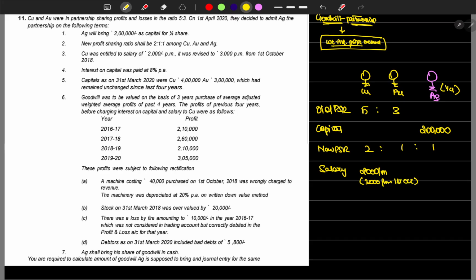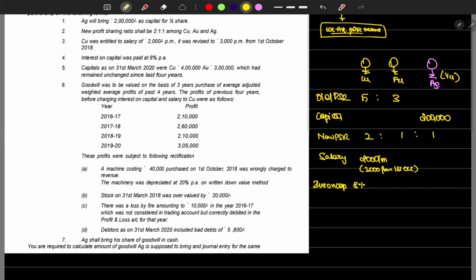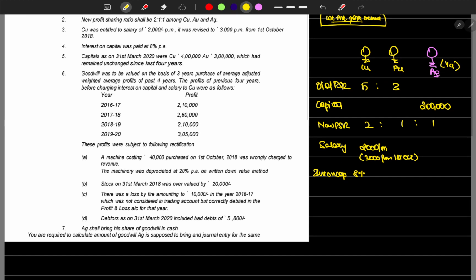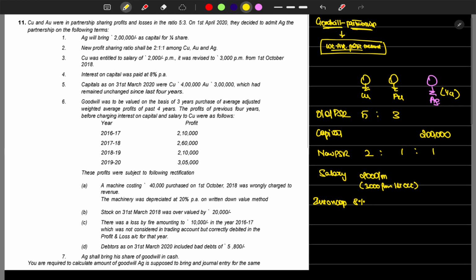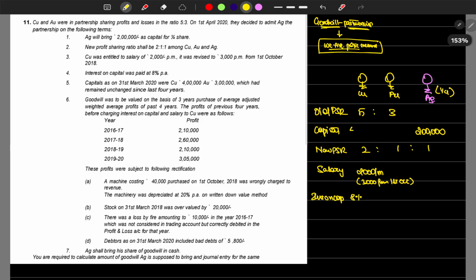Then interest on capital is 8%. Capitals remain unchanged for CU and AU, which is 4 lakh for CU and 3 lakh for AU.